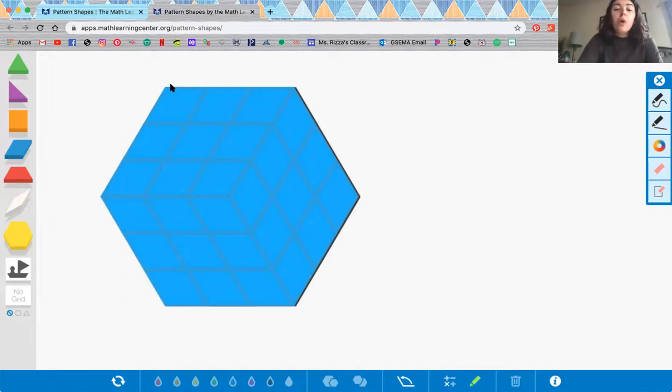So I noticed Zoe sent me her picture of her shape yesterday, and she drew in these lines to help her keep track. So that's what I'm going to do because yesterday was a little tricky. So I'm going to draw a little line in each one to make sure I don't count something twice. Okay, there we go.